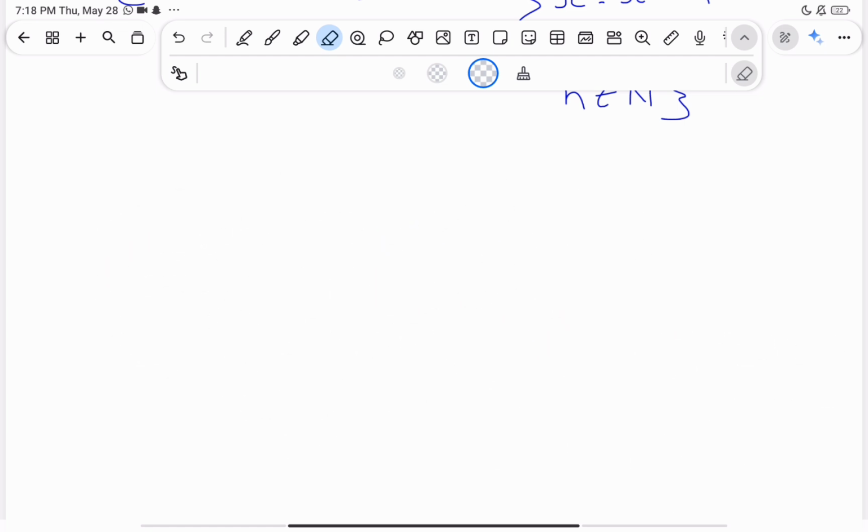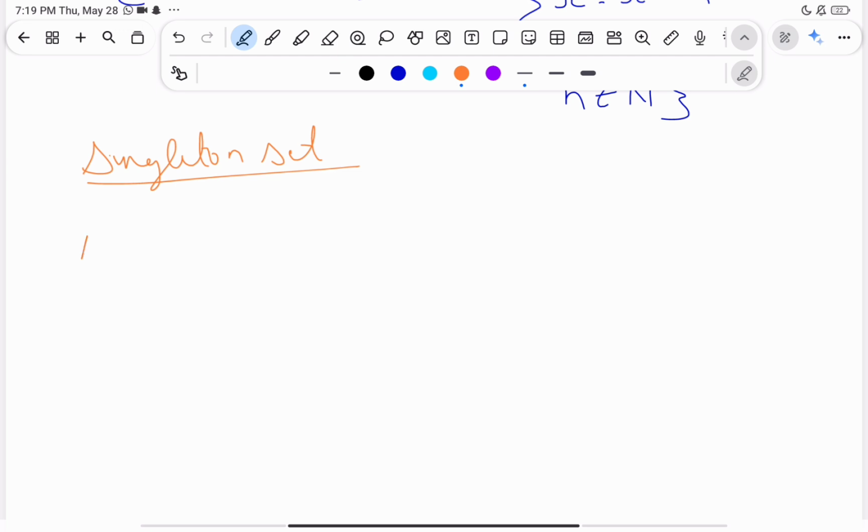Next set, singleton set. What is a singleton set? A set which has only one element, for example A, only one element, or B is equals to {4}, only one element.